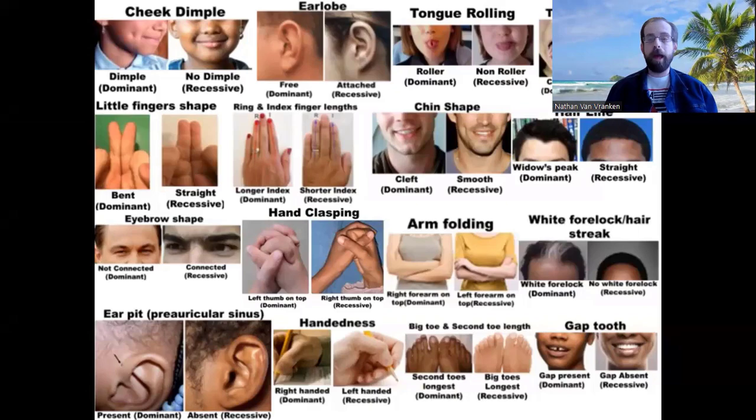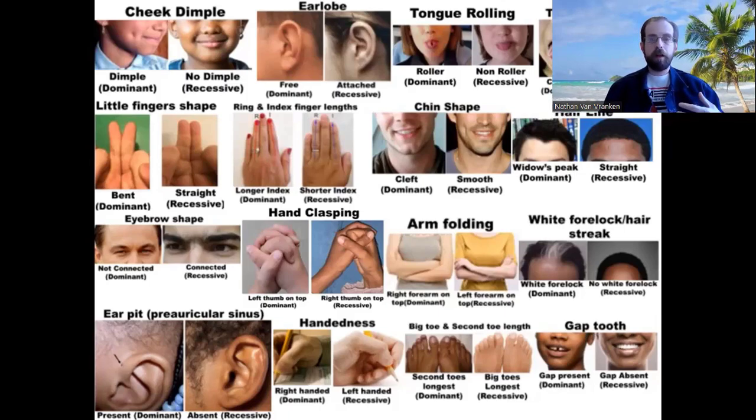These traits are passed down from parent to offspring through different generations as genetic material starts to intermingle and produce new life. Traits are broadly grouped. We use the terminology of dominant and recessive for these different traits.